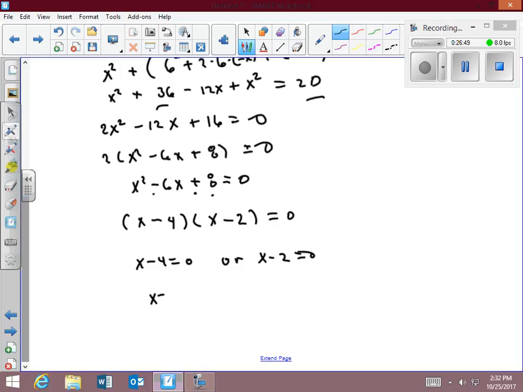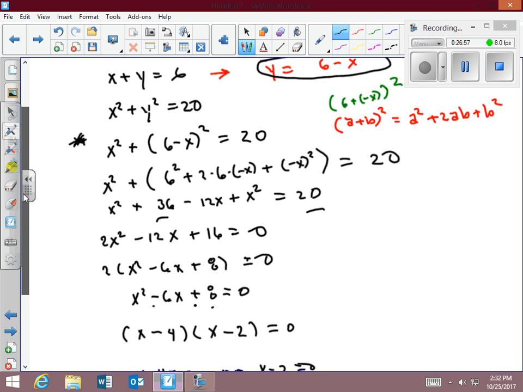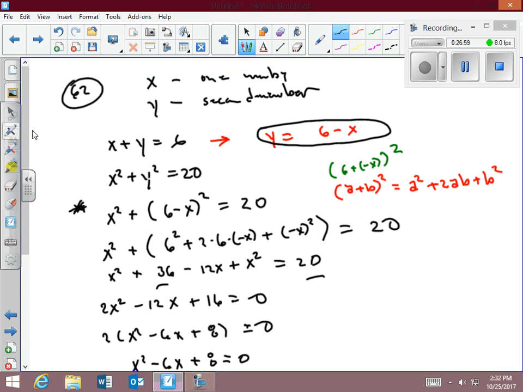This says x equals 4, x equals 2. So what's my answer going to be? 12. Okay, this is the way it works out. If you say x is 2, and you put x is 2 in this problem, what's y got to be? 4.